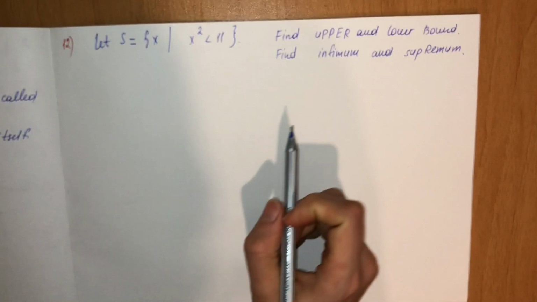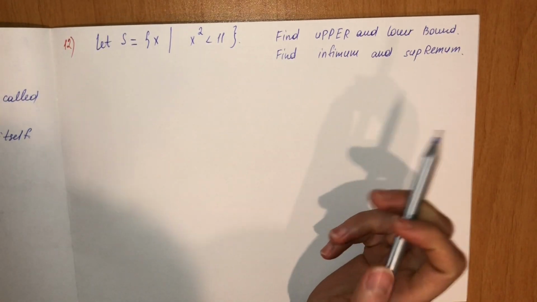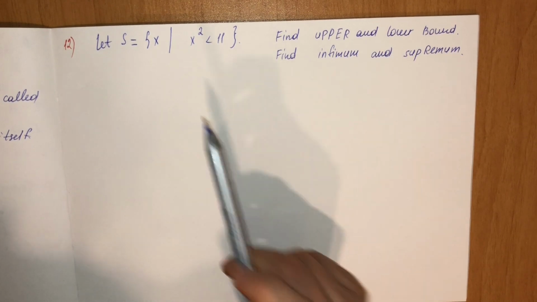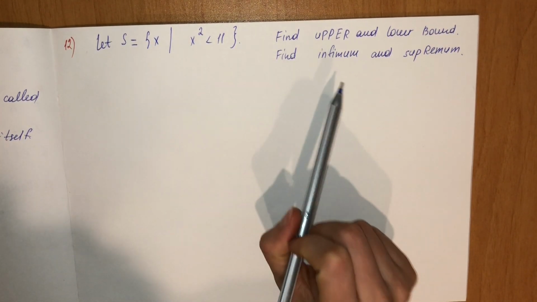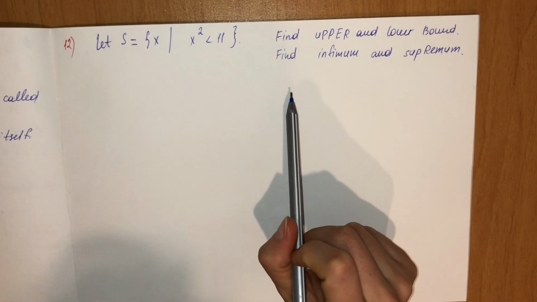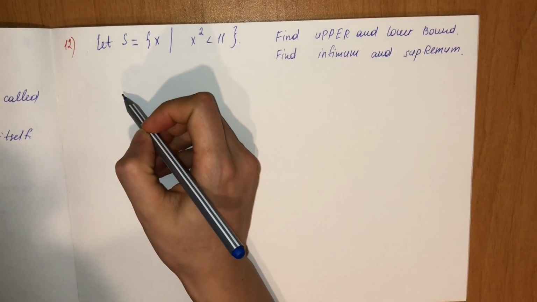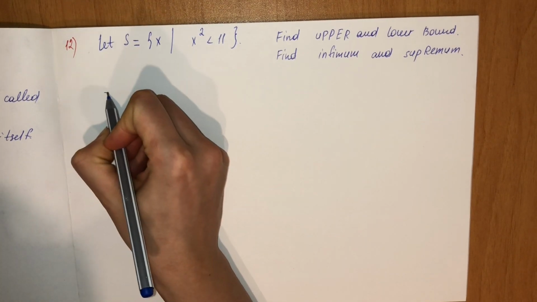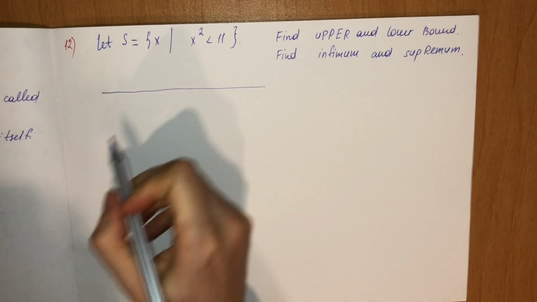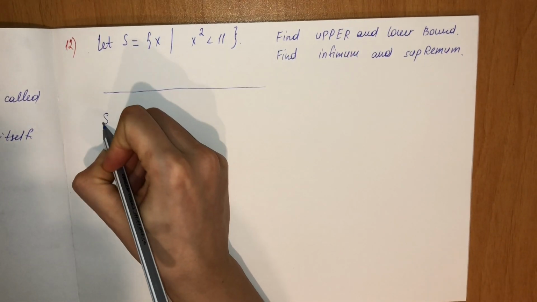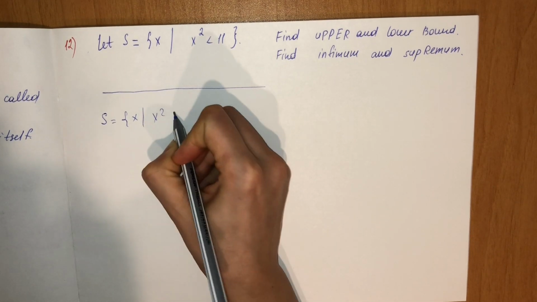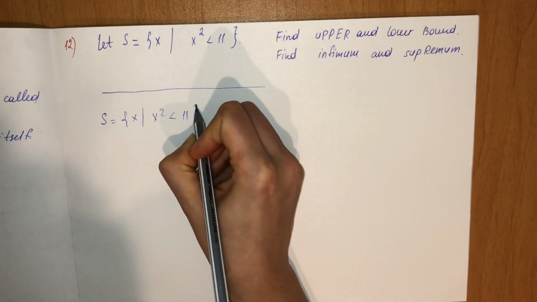Okay, the next example is about bounded sets. We should find the upper and lower bounds of this set, and also the infimum and supremum. So let's solve this problem. Let it be the real number line, and S is the set of x such that x squared is less than 11.